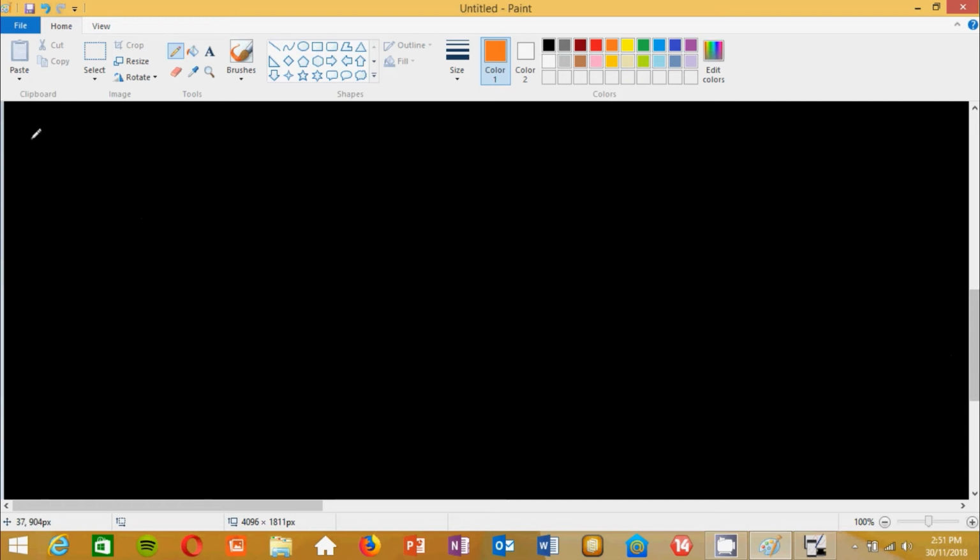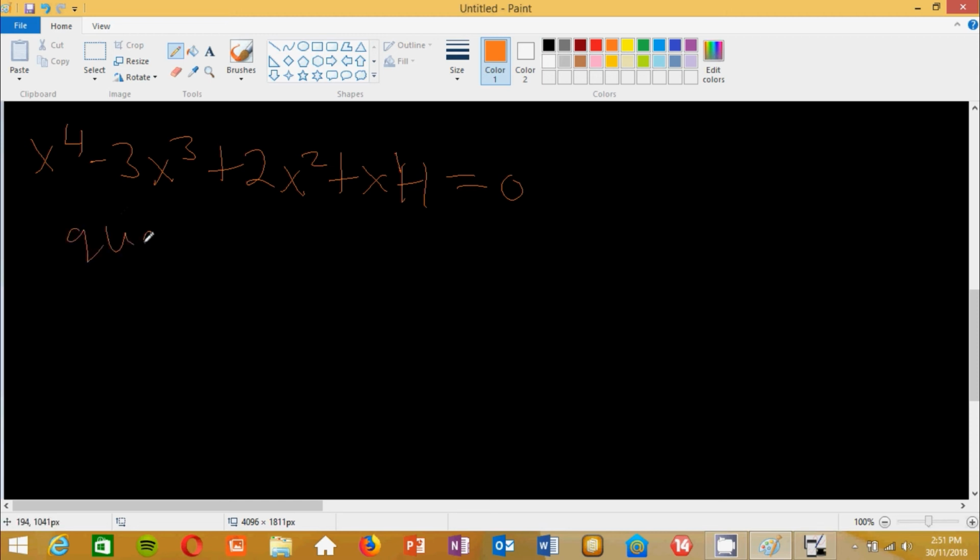For example, if I give you the equation x to the power 4 minus 3x to the power 3 plus 2x squared plus x plus 1 is equal to 0, this isn't a disguised quadratic equation. In fact, this right here is called a quartic equation.